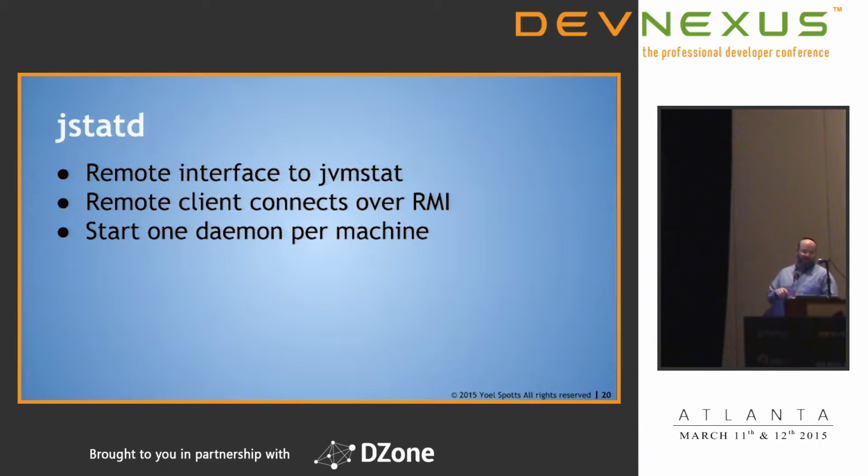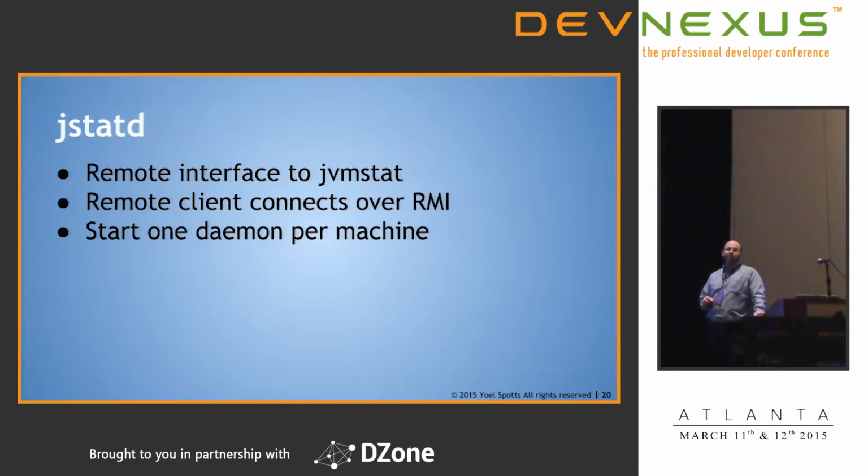Now JVM stat is, again, local. It's a local way of connecting, and again, it must be the same user account. There is a mechanism for connecting a remote interface to JVM stat, and that's through another command line utility called jstatd, which will run on the remote machine that you want to obtain the monitoring information from.